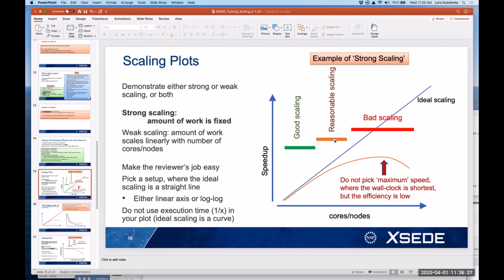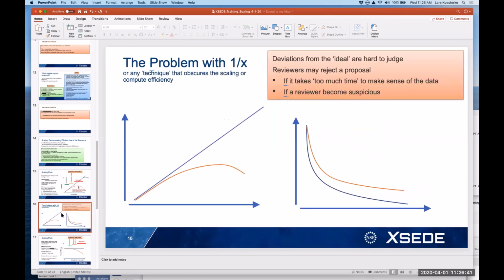But here, when I present speed up, then everything is linear if you use a linear axis for both axes, or if you use a log-log diagram. So then it is easy to judge for the reviewer. If you do execution time, then you have basically a 1 over x plot on the right side, and there it is hard to see if your scaling is good or not so good.